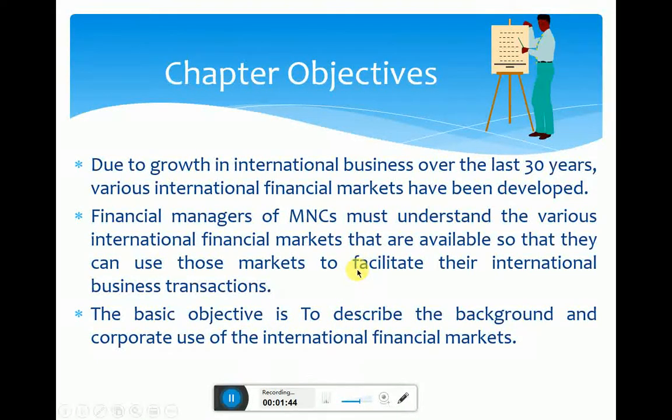So the main discussion is going to be on what the various international financial markets are, how they facilitate multinational corporations, and how multinational corporations use these markets while making international business transactions, and also what the corporate use of these markets is.